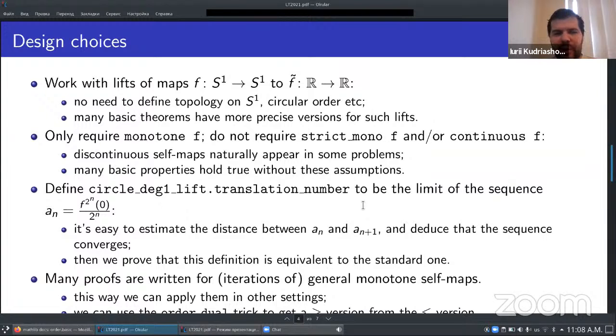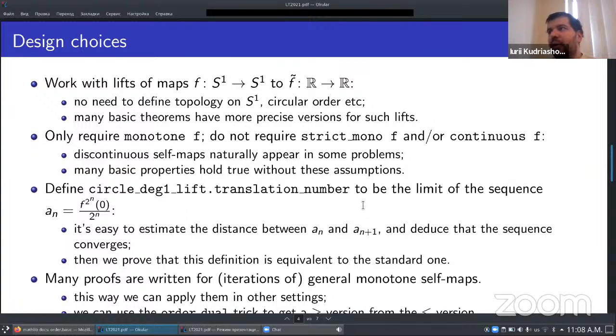If you start with this, the proofs of basic facts like existence and correctness of translation number become much easier than if you try to prove right away that the original sequence converges.